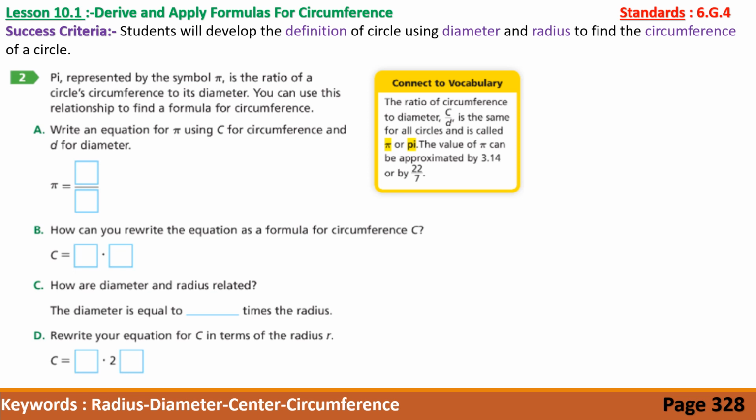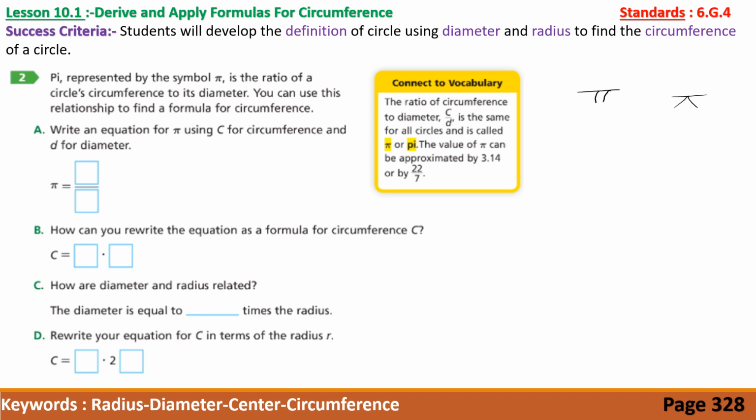So let's see what is pi. Pi can be shown by a symbol. Just try to make it. Make the two lines like this and on the top make it like this. Or some people make it like this and on the top make this line. So this is how we show pi.